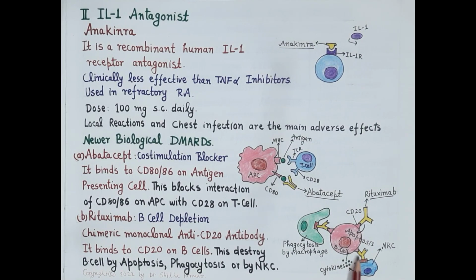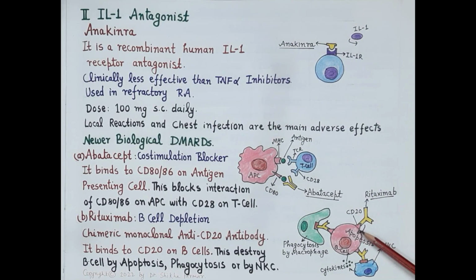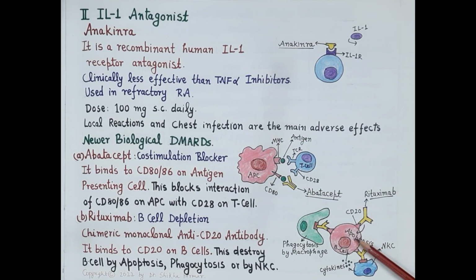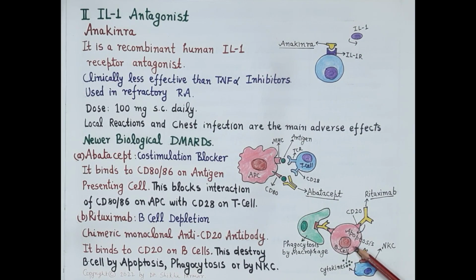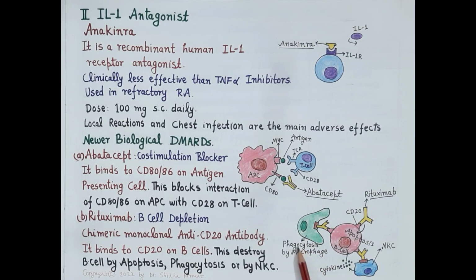Now, this binding between rituximab and CD20 is responsible for the destruction of B cells by a number of processes. Now, one of the processes is the induction of apoptosis. So, rituximab combines with CD20 and produces apoptosis or programmed cell death of the B cell. Another method is by the activation of macrophages.